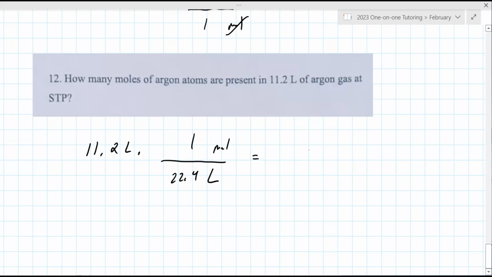So this ends up being just 0.5 moles. The fact that it says argon atoms is included in the moles. Moles is the collection of atoms. It's like saying a dozen bagels. You use dozen to make it simpler than saying 12.